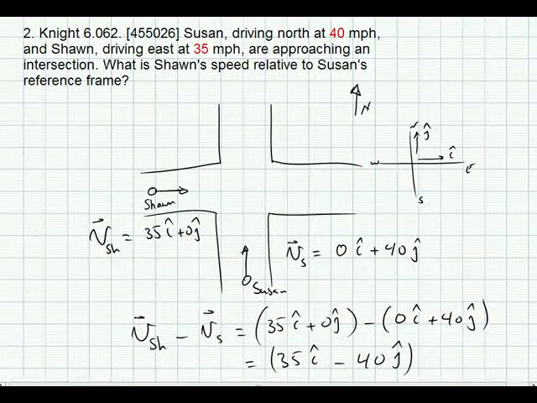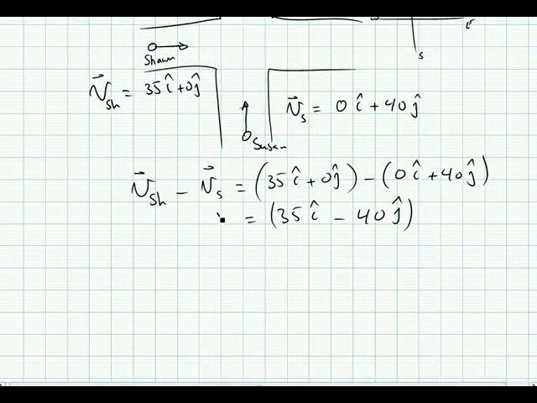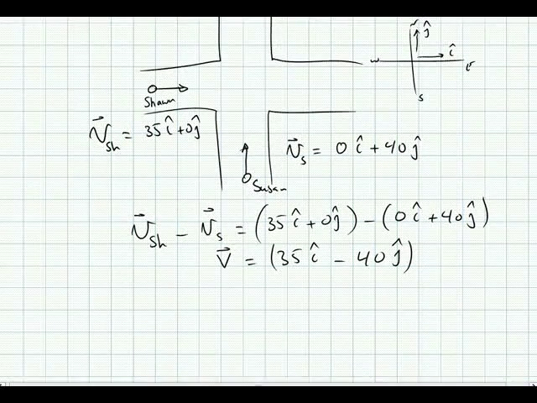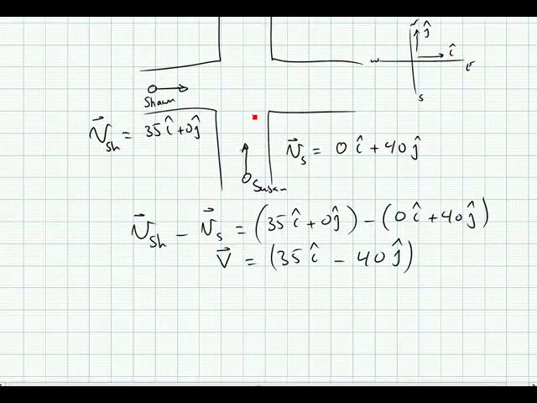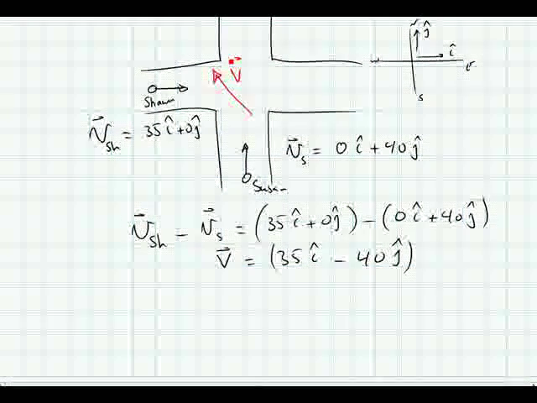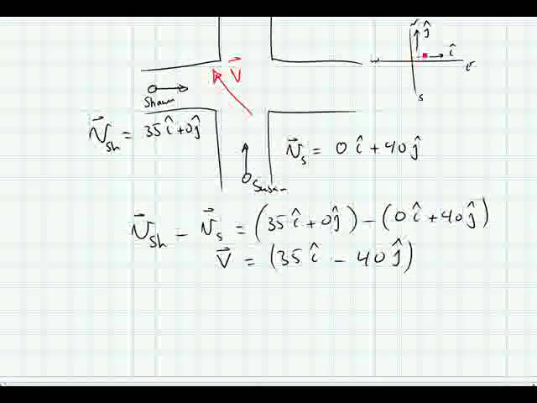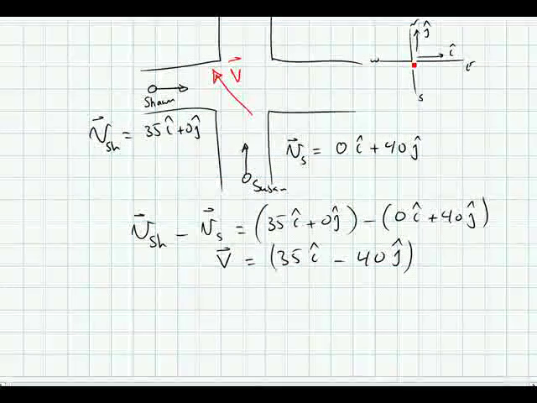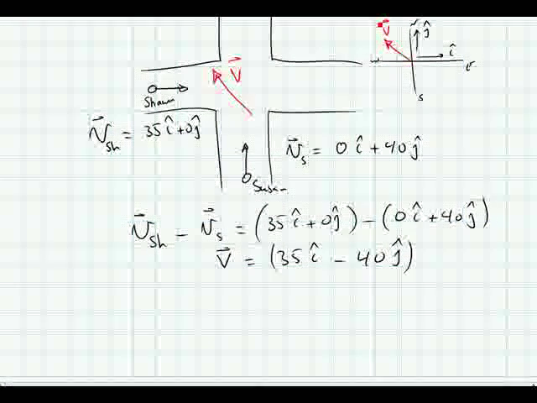So this is the relative velocity between Susan and Sean, or our capital V. The relative velocity would look something like this. This would be the relative velocity vector between Sean and Susan, in our coordinate system, it would be something like this. Okay.